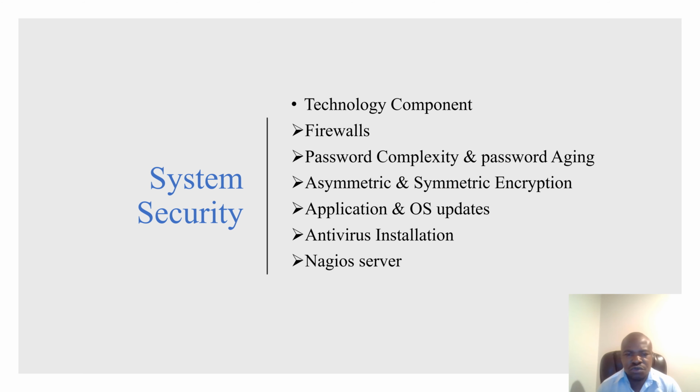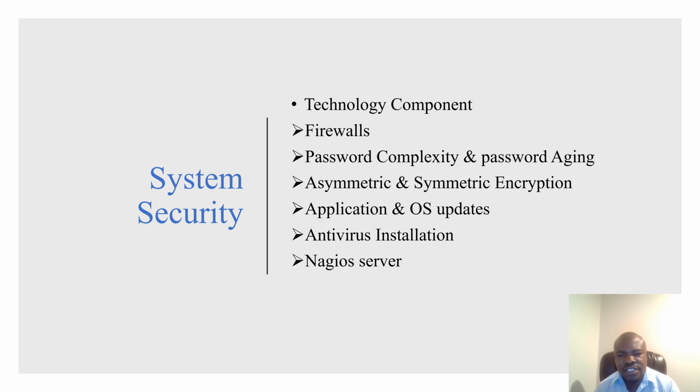Then we move on to the security part of the information system, and the reason for security is actually to ensure what we call the CIA, which is confidentiality, integrity, and availability of information or data. I've divided the security component into two, the technology component and the human component.